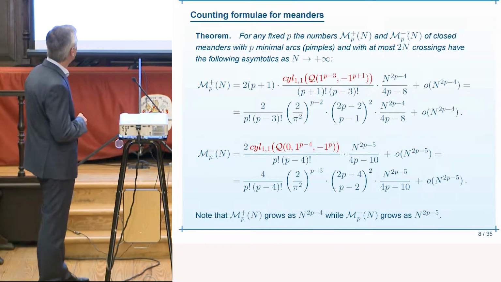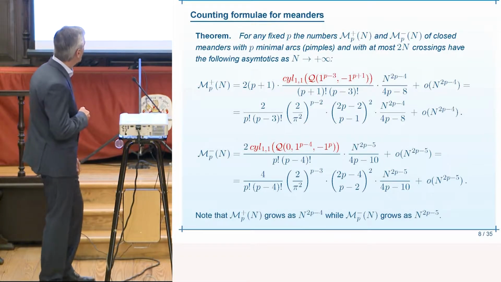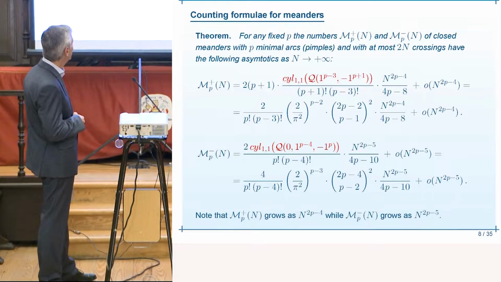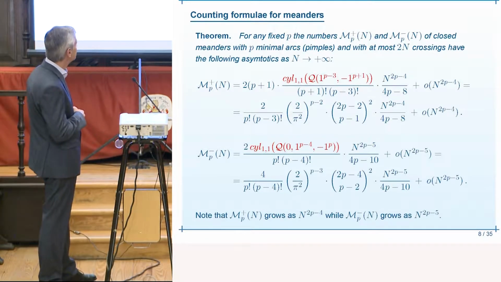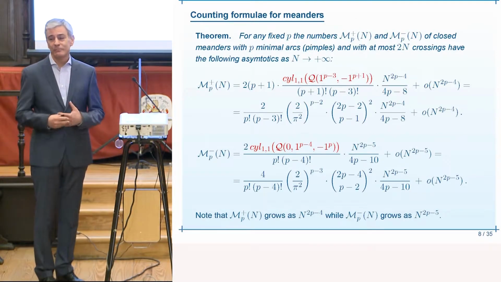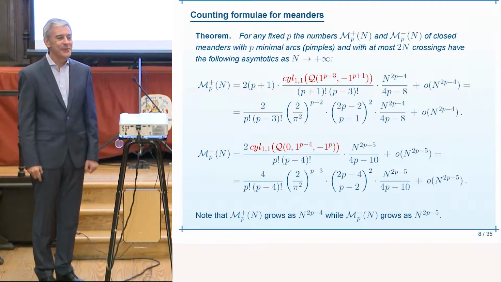And notice that the number of meanders with this minimal arc grows as n to the power 2p minus 4, while without minimal arc only as n to the power 2p minus 5. So there are roughly n times more meanders of this type. Okay, this was sort of to make publicity of geometric objects which would appear in a second.